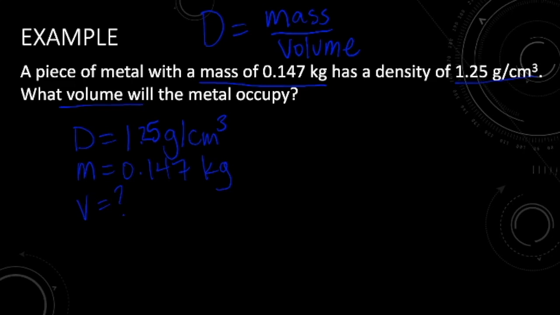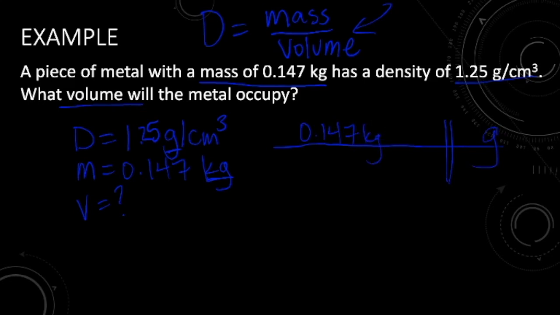You'd think we could just plug this into our equation here, but we need to make sure that our units are going to be equal. So we're going to do a quick conversion using dimensional analysis before we begin. We want this to be in grams, so they match. I'm going to take our 0.147 kilograms and multiply by 1000 grams on the top, over 1 kilogram on the bottom.